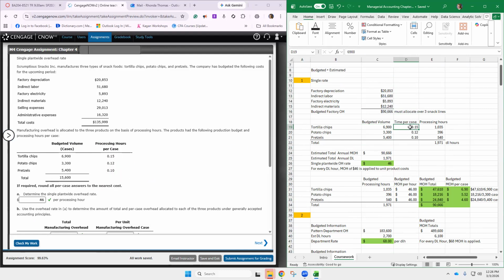So I'm going to put that time next to it, put all of this in a little table here, and do a little multiplication. 6,900 cases times 0.15 is 1,035 processing hours. When I do that to all 3 lines, I get a total of 1,971.